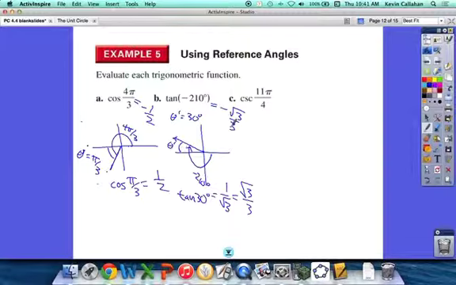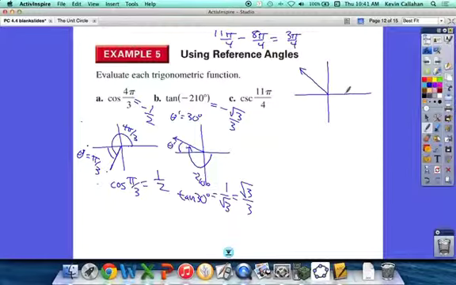How about 11 pi over 4? Which quadrant are we in? Well, let's see. 11 pi over 4, why don't we find a coterminal angle which is recognizable? Subtract 2 pi, right? So 11 pi over 4 minus 2 pi, which is minus 8 pi over 4, is 3 pi over 4. Which quadrant are we in? 3 pi over 4 is, right, pi over 2 is here, pi is here, 3 pi over 4 is here.